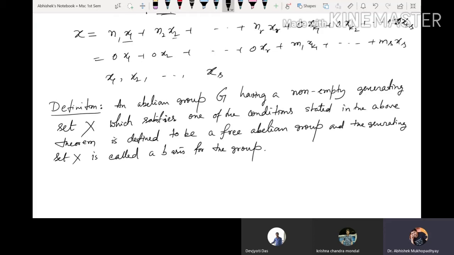So an abelian group G having a non-empty generating set X which satisfies one of the conditions stated in the above theorem is defined to be a free abelian group, and the generating set X is called a basis for that group. So this set has a special role in abelian groups, or we will see that it has important roles in finitely generated abelian groups.